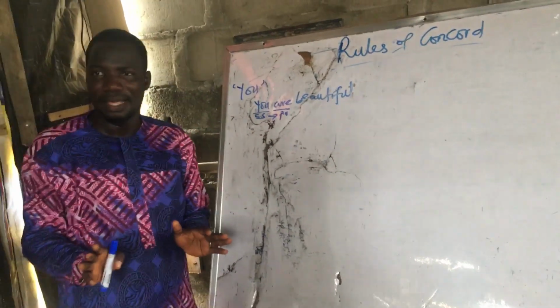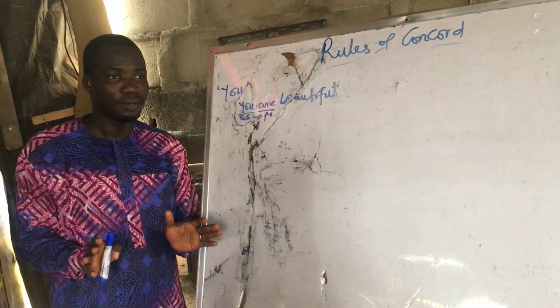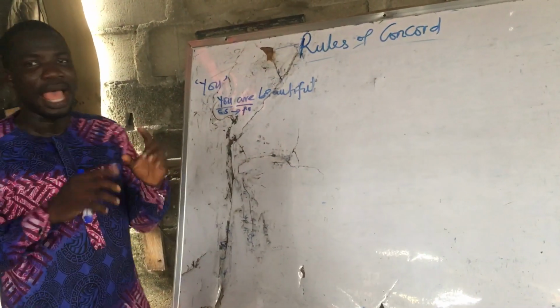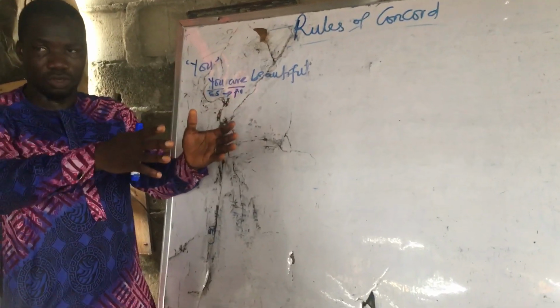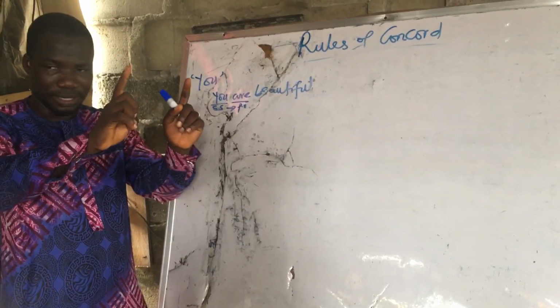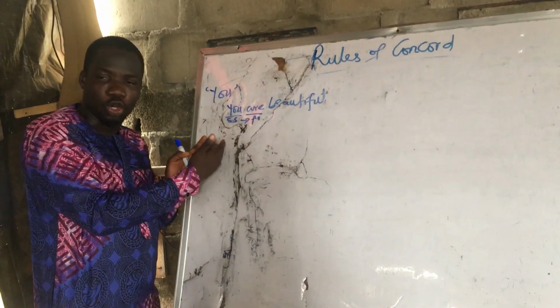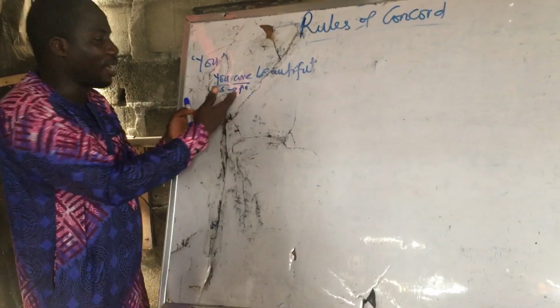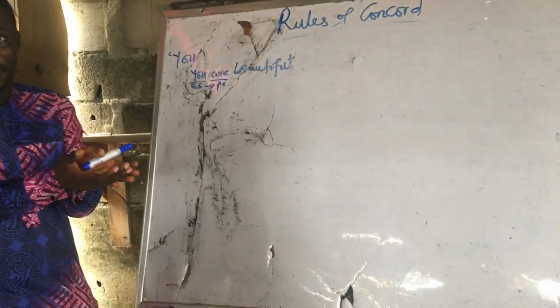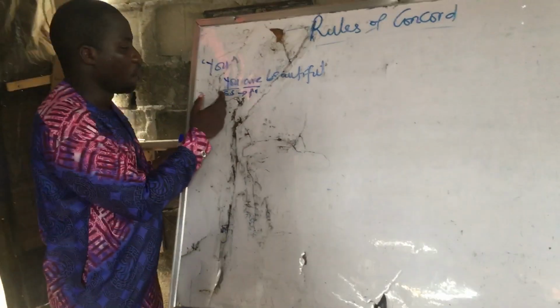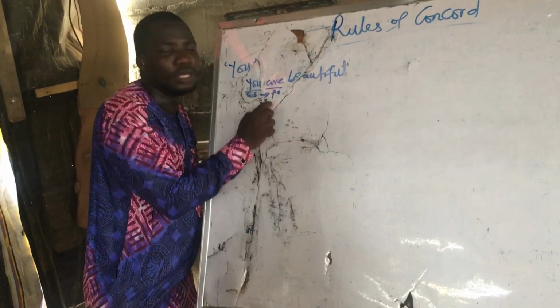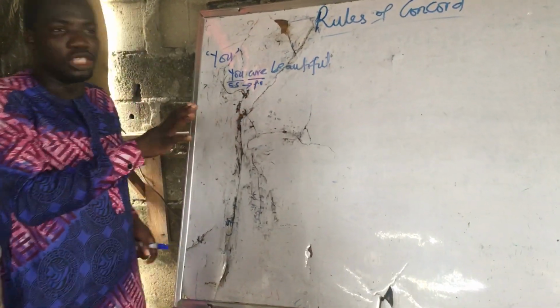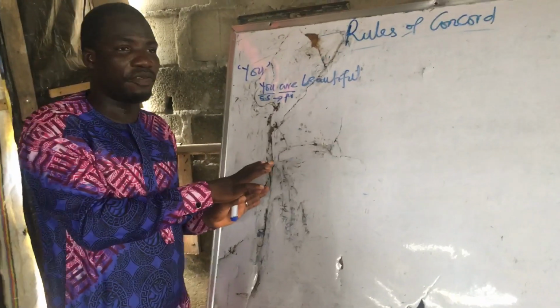Is that clear? I'm talking to just a person. And I'm saying you are beautiful. Just a person. And you is singular, right? And are is plural. Definitely, we are having a singular subject being followed by a plural verb. This is also an exception to the general principle of Concord.